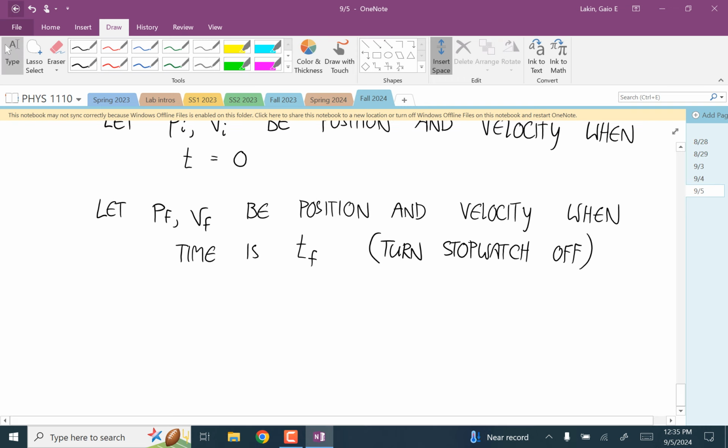And so the three equations for constant acceleration motion are: first, v sub final is equal to v initial plus a times time final. The second one says p sub f is equal to p sub i plus v sub i times time final plus 1/2 times a times time final squared.